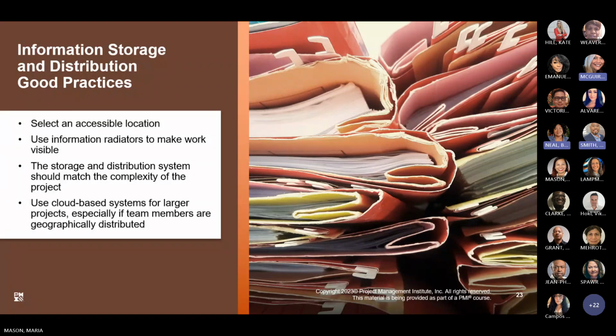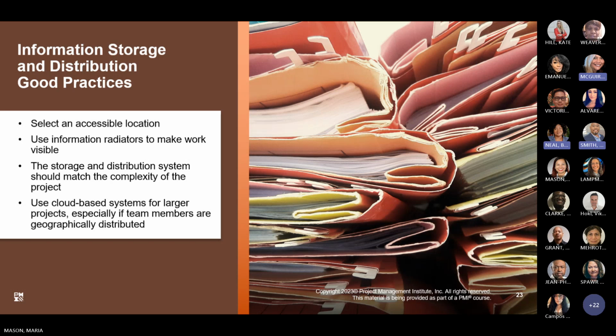Here are some good practices for storage and distribution of artifacts. Store artifacts in an accessible location for users, like I said, where everybody can access them. Use a storage and distribution system that matches the complexity of the project. Some projects that are small in nature, or very short, may not require the complexity in terms of storage that other projects require.